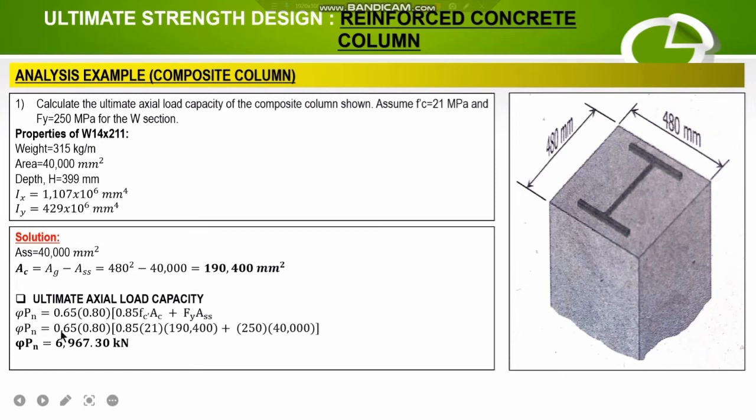So phi Pn is equal to 0.65 times 0.80 times the quantity of 0.85 times 21 times 190,400 plus 250 times 40,000. So A sub C is the net concrete area. That's why we subtracted ASS, or the area of the structural shape, from the gross area of the column section. So phi Pn, or the ultimate axial load capacity, is equal to 6,967.30 kilonewtons.